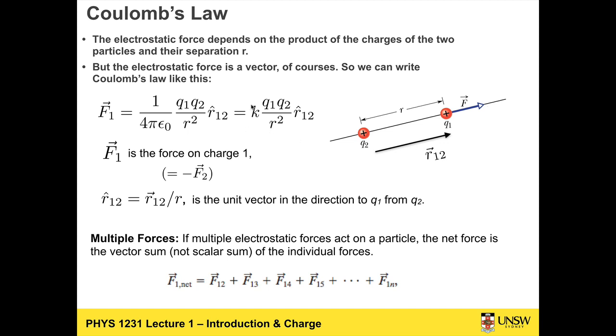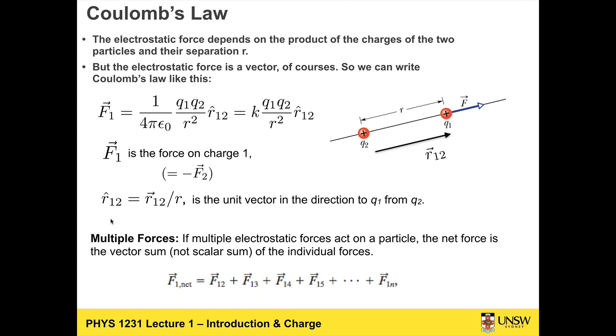So we can write it all this way. Sometimes we lumped the 1 over 4 pi epsilon naught into some constant we called k. If you prefer doing that, well, we did that in 1B, but we'll mostly write it like this in this course.